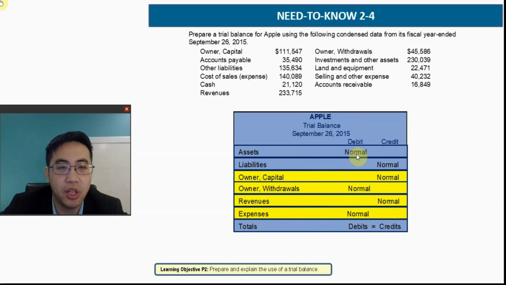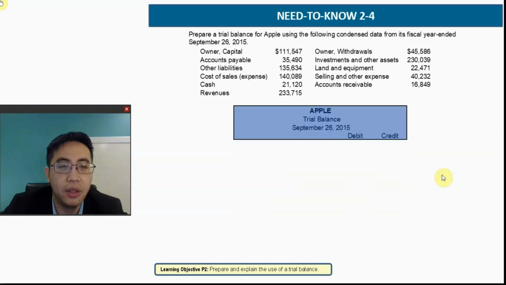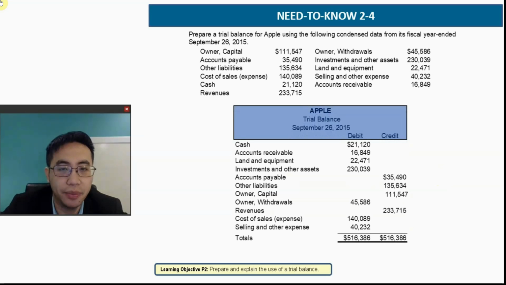And if there's a normal change, let's say assets get purchased, that's a debit because assets increase. And for a liability change, when you borrow more money, that should be a credit, and so on and so forth. And then you put all the numbers in the right place. So cash, accounts receivable, and land all belong to the assets. And also investment and other assets is just another miscellaneous term under the total assets family.